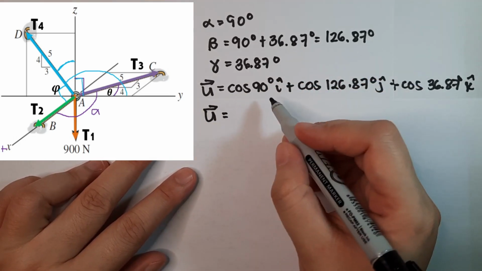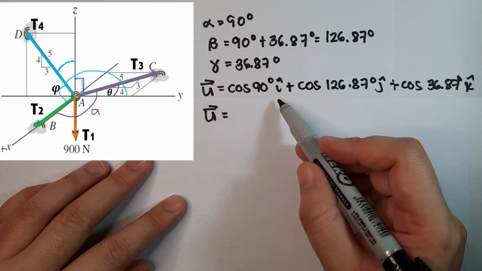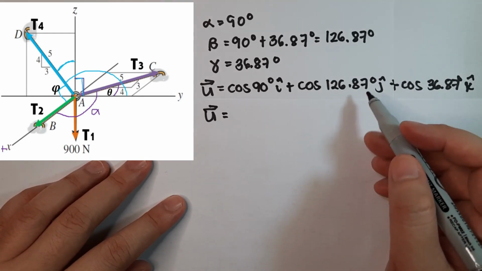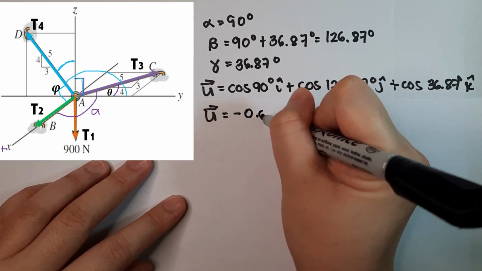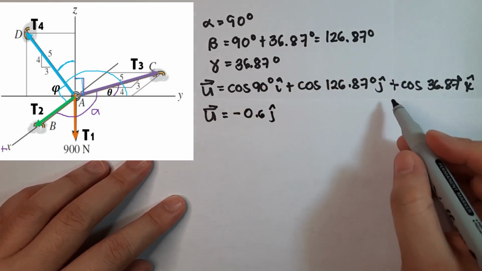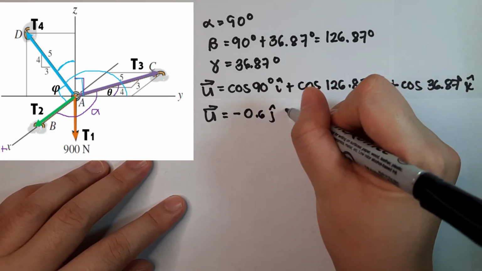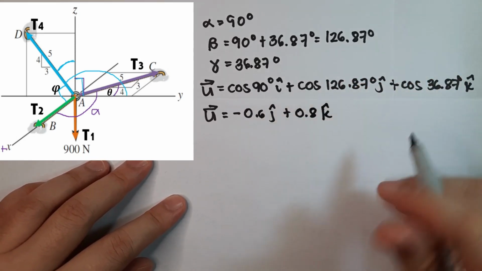Cosine 90 is 0, so there's no component on i hat. Cosine 126.87 is negative, so that is negative 0.6 j hat. Then cosine 36.87 is 0.8, so plus 0.8 k hat.